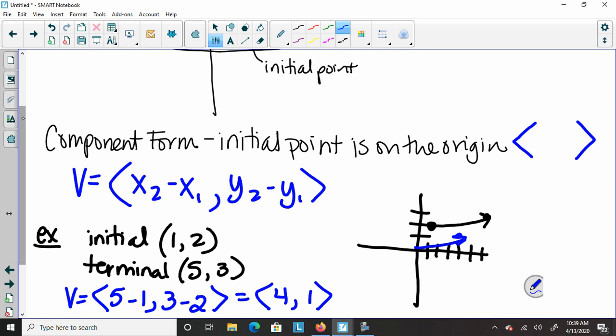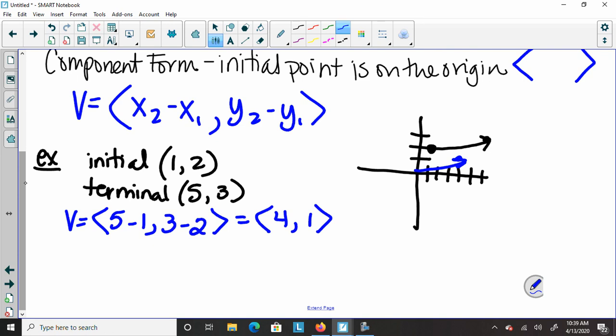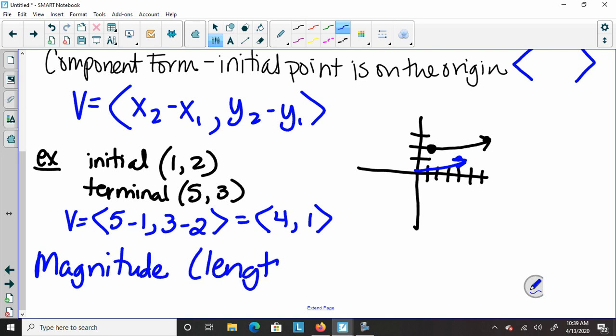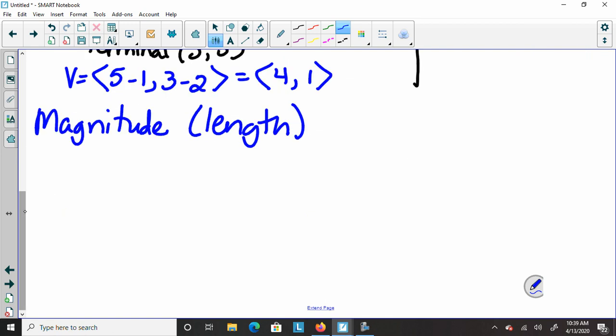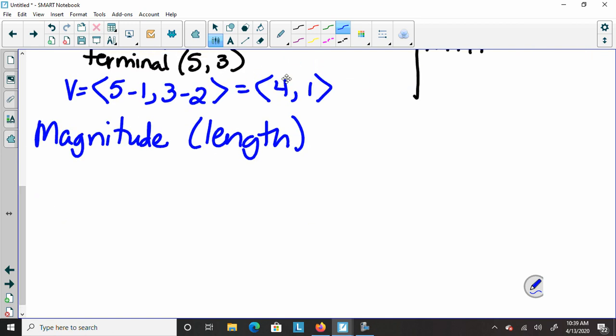All right. And now we are going to find magnitude and direction. So magnitude is the length. And for this, we just have to think about making a right triangle. So we can do the one that we just had. If we had <4, 1>, and we want to figure out what the magnitude is, I'm just going to sketch it.